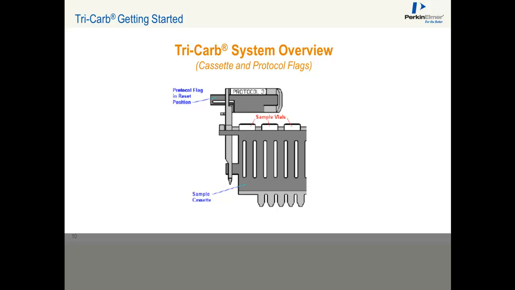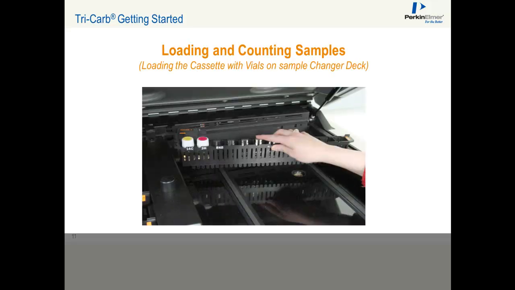The counting parameters that the instrument uses correspond to the settings that you define during the assay definition process. These assay settings become a functional part of a protocol once you associate the assay to a protocol number. Prior to counting samples, you must attach the correct protocol flag to the first cassette of the samples to be counted.